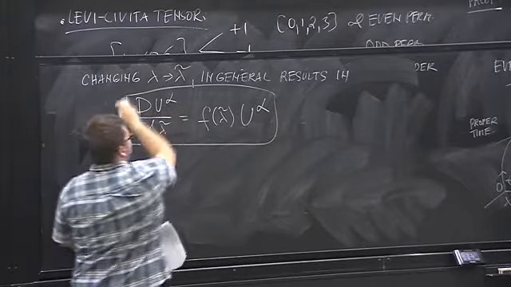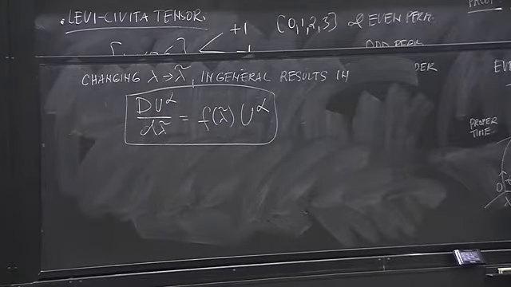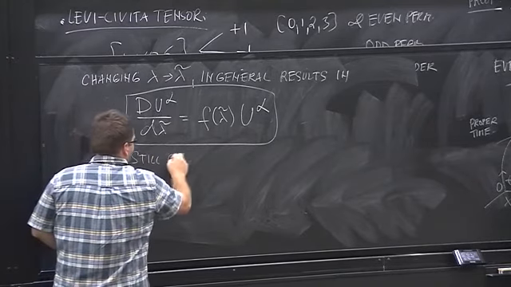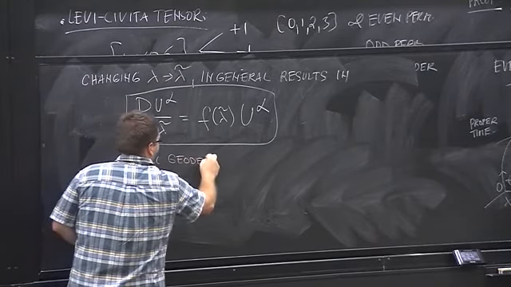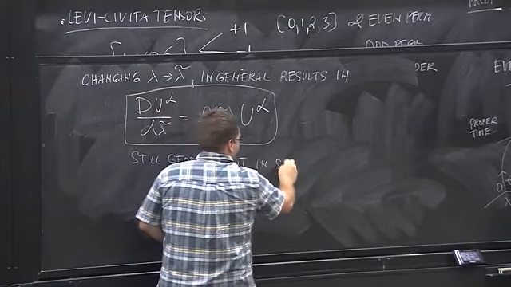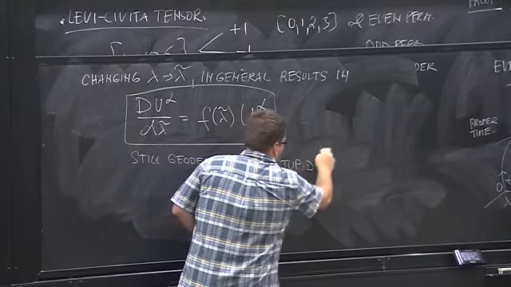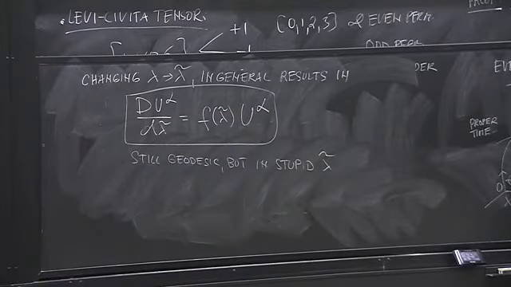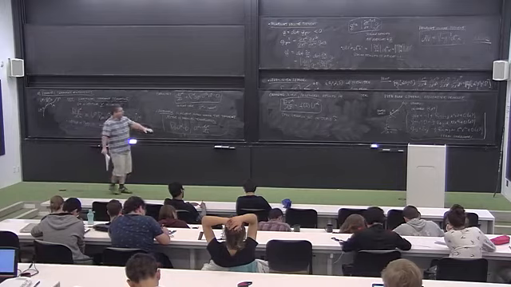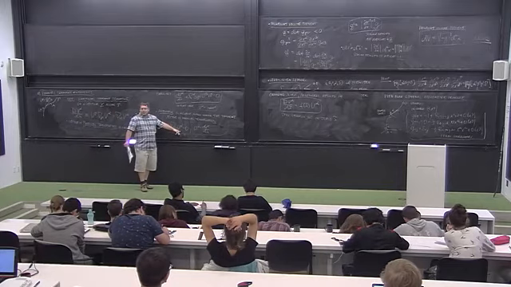So if you find that the tangent vector to your curve satisfies this equation, it's still a geodesic, but in a stupid parameter, lambda tilde. The statement is that there always exists a reparametrization of the curve, going back from lambda tilde to lambda, so that you can get the nice equation here.